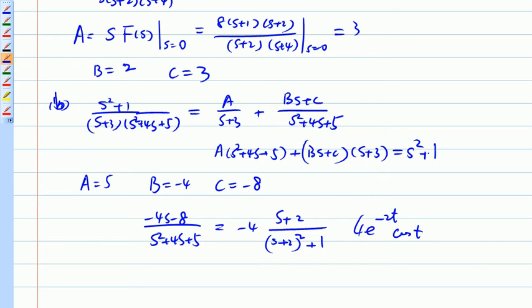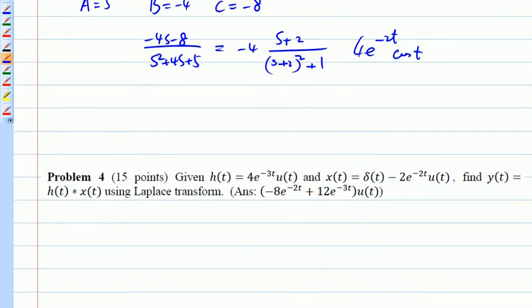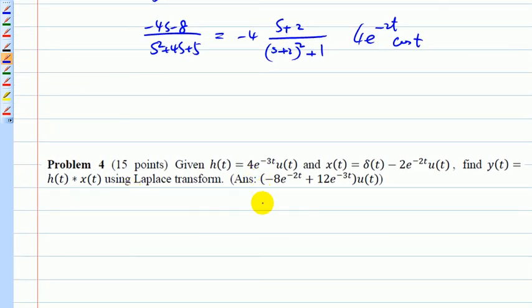Problem number 4 here is using the Laplace transform to solve convolution. This is nothing tricky at all, actually. Basically, you make use of the property. So here's h of t, h of t convolved with x of t, and the Laplace transform of this is capital H of s multiplied by capital X of s.